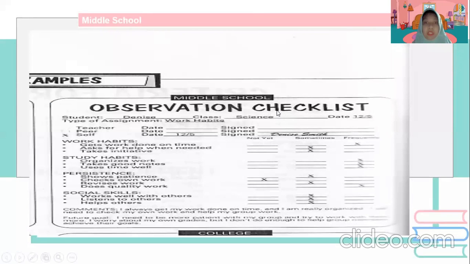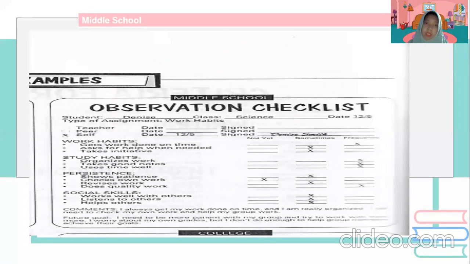Next, for middle school. As you can see here, this observation checklist is not only used by the teacher, but also by the students themselves. For example, the name of the student is Dennis.